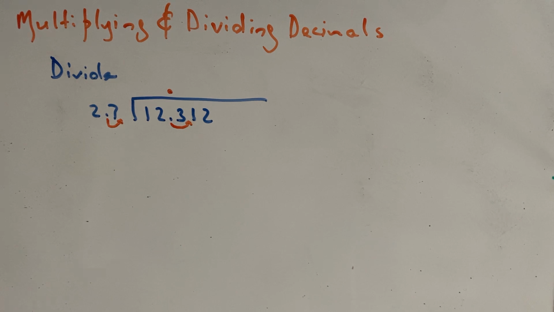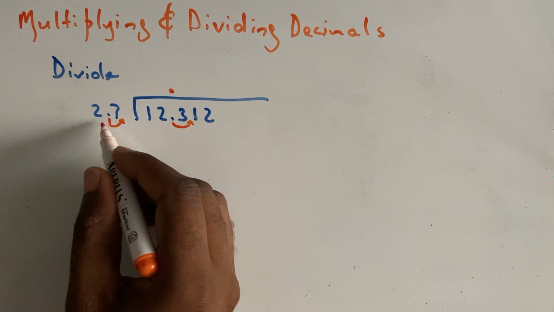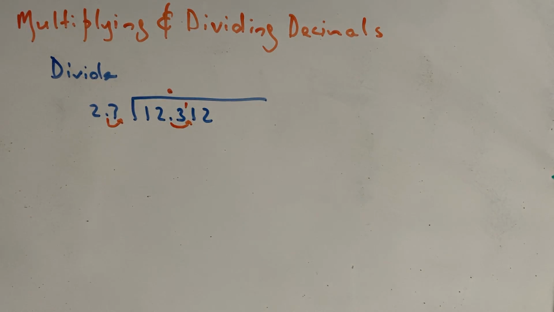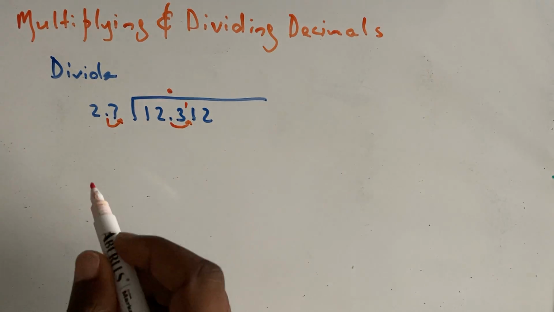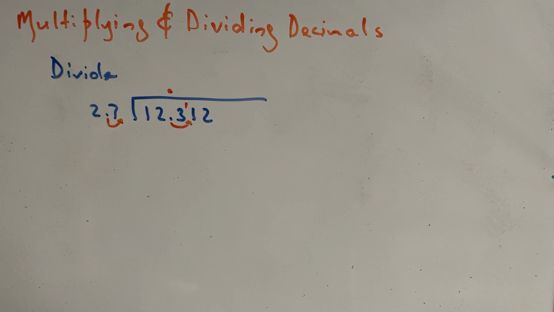That means the new numbers you have here are 27 and 123. Remember that, 27 and 123. So now you tell yourself, 27 goes into 123 how many times?